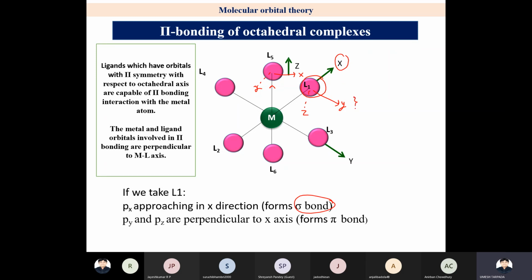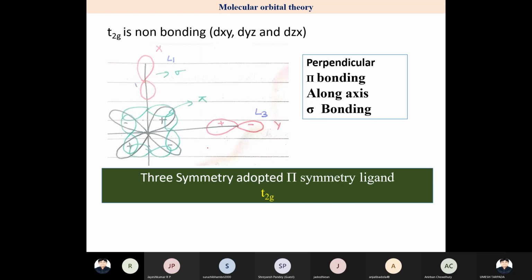So these two form which bond? Pi bond. So perpendicular orbitals can only form a pi bond, and along the axis they form a sigma bond. Here along the x-axis you can have a sigma bond, and perpendicular, that is Py and Pz, can form a pi bond.